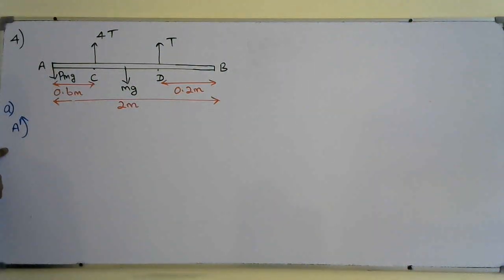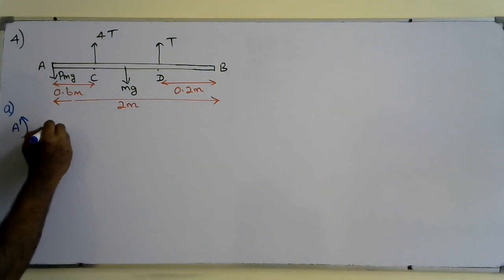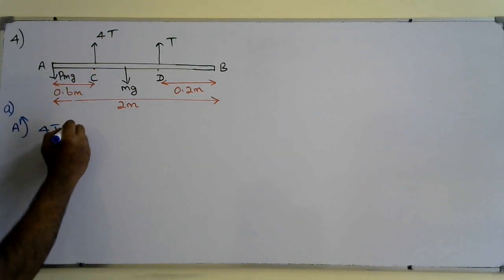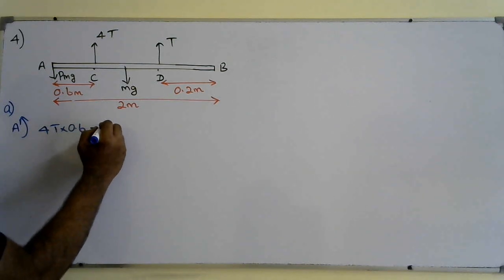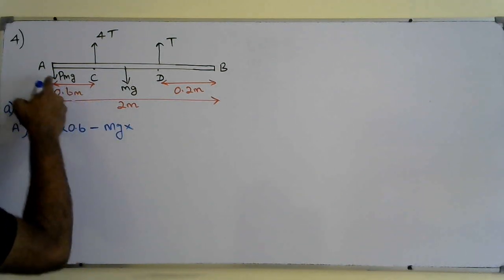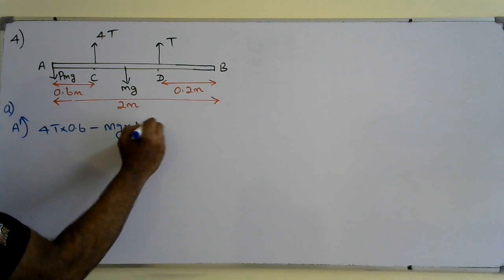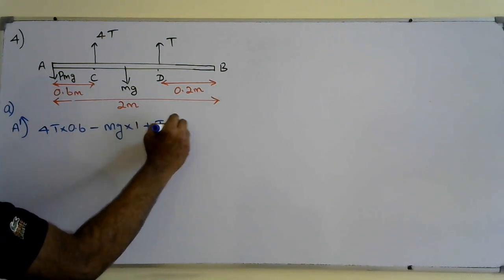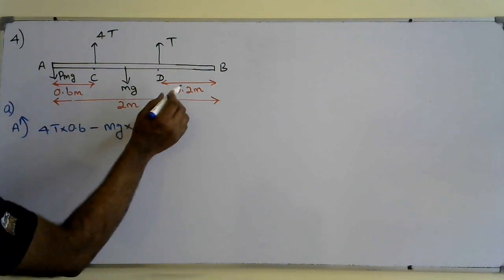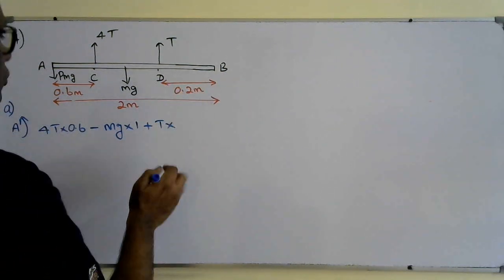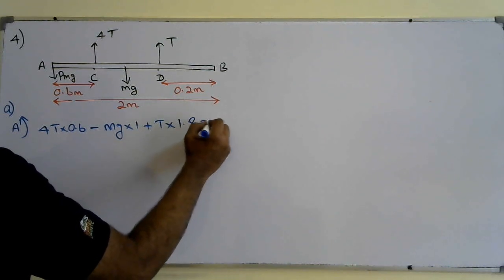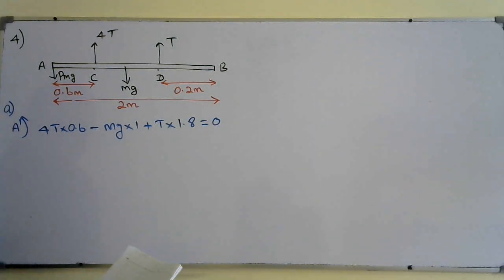So if I take moment about A, that is 4T times 0.6. This is clockwise, so minus mg times 1, the distance 1, plus T times this distance. This is 2 meters, so minus 0.2 means 1.8, equal to 0. Solve it.